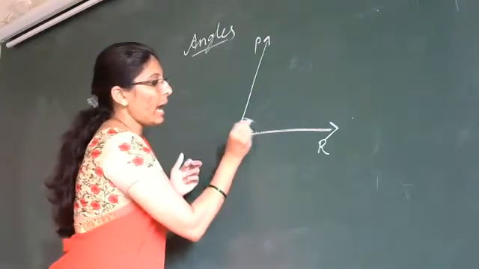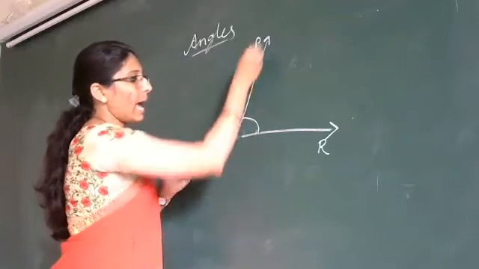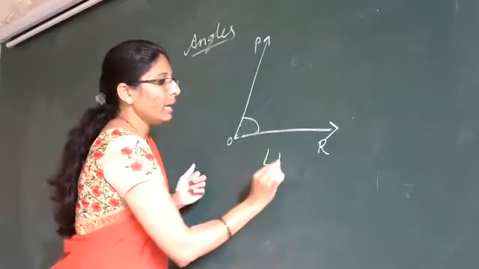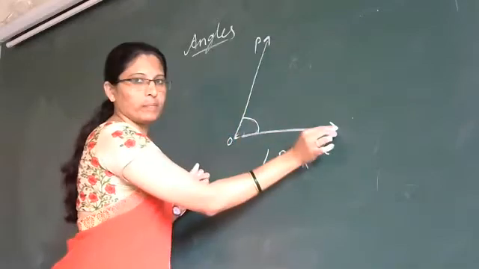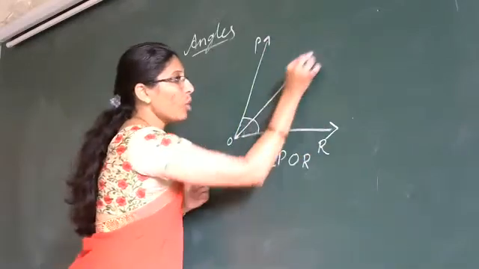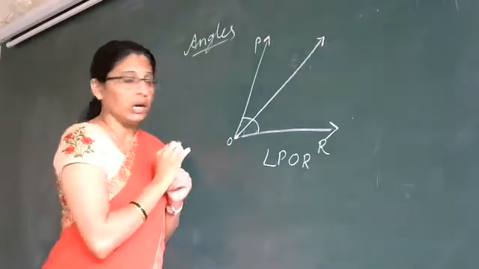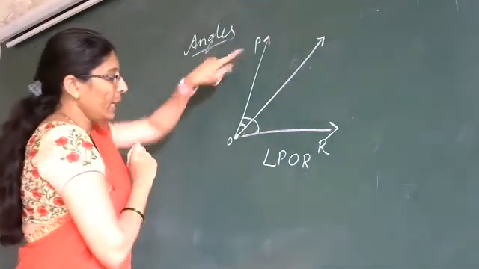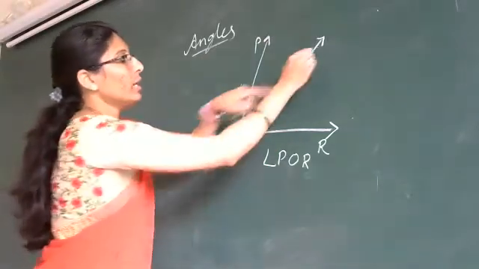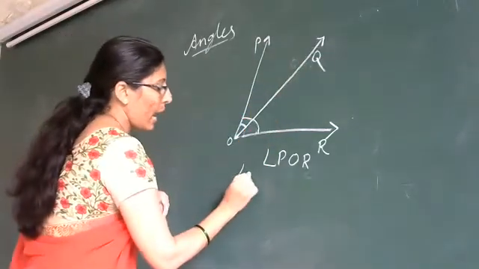This is one angle, angle POR. If I draw one more ray from here, I will get one more angle, POQ.